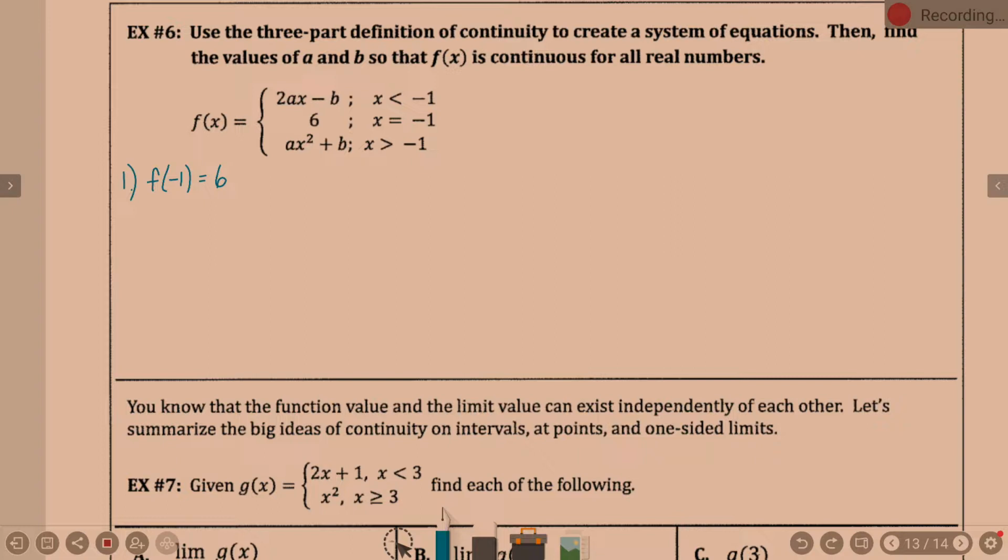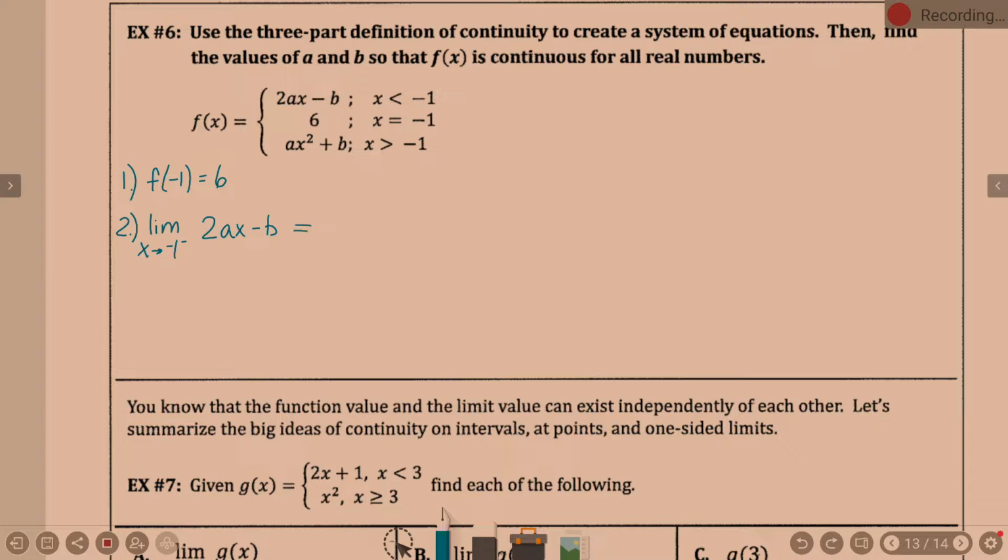But what came to mind for me sooner was that limit from the left, limit from the right. So limit from the left as x approaches -1. And what are we using for the left? 2ax minus b. And I'm going to write this out differently this time.